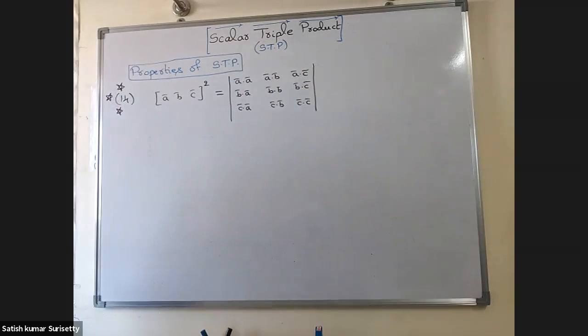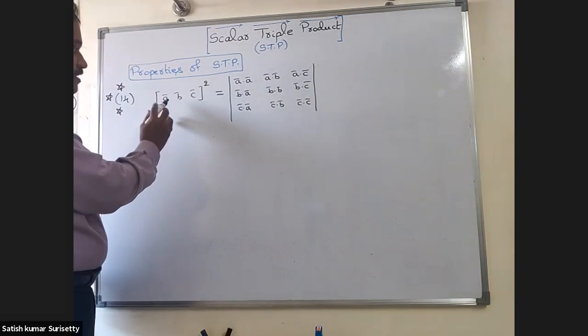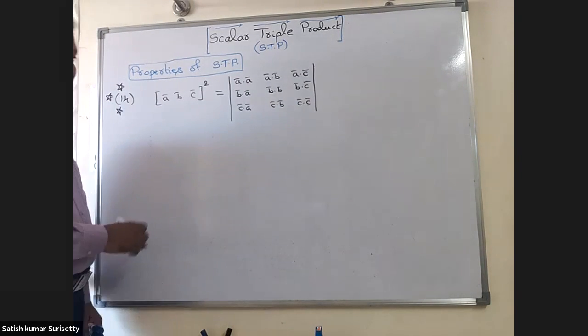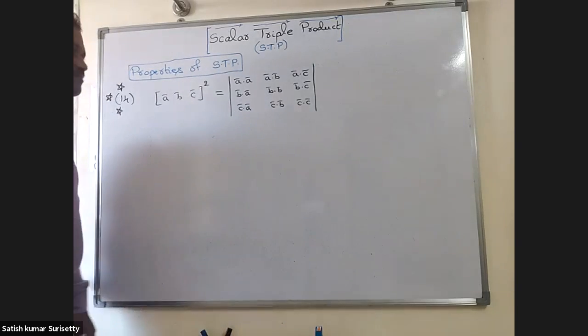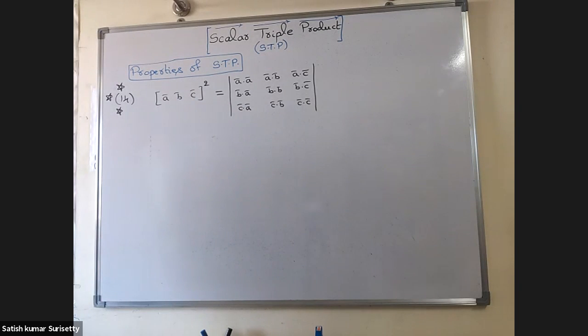So whenever you are unable to calculate the scalar triple product by the normal method, using cross product and then dot product, use this property. This can be proved using the product of determinants.